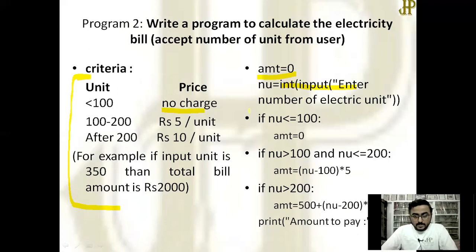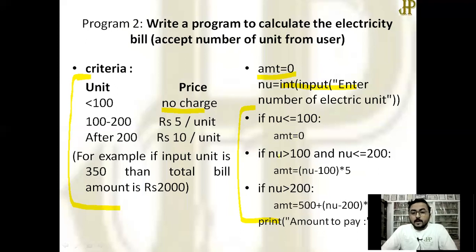Now this logic is related to calculating the bill. If NU is lesser than or equal to 100, what will be the amount? There is no charge. So amount is equal to 0.